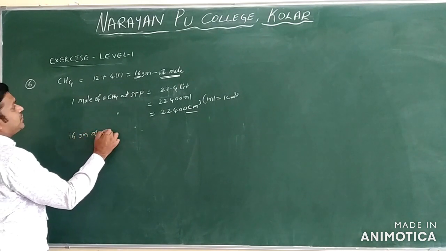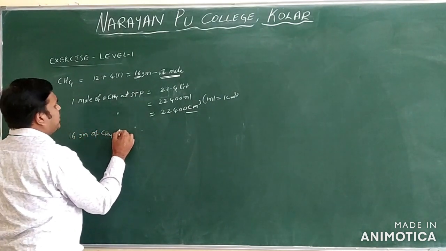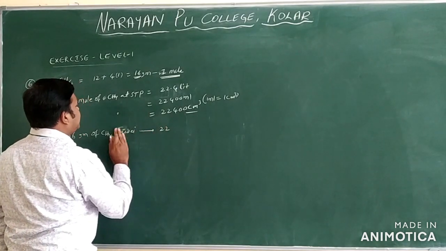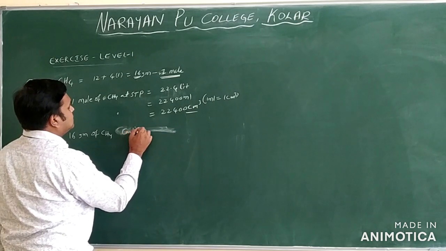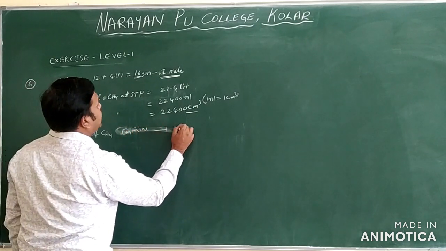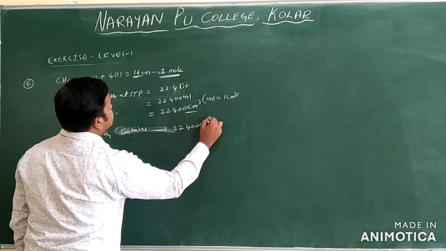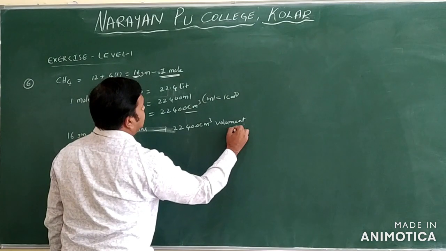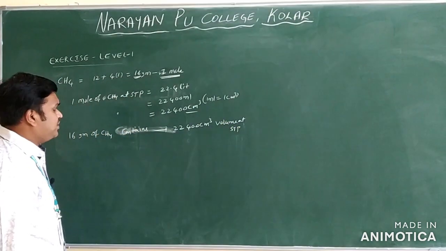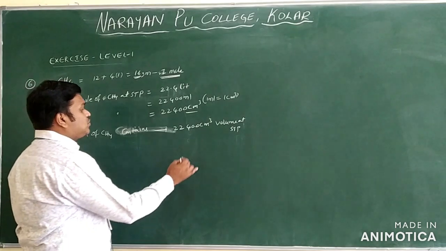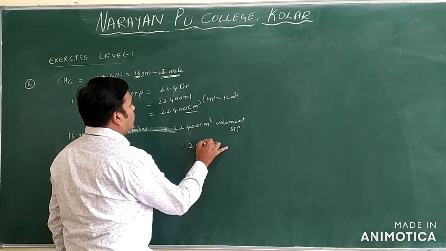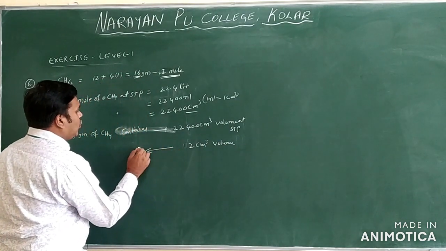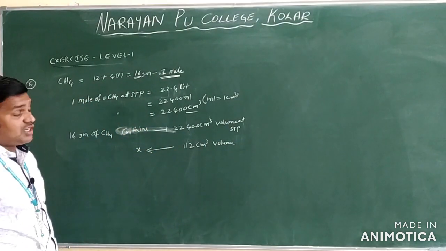So 16 grams of CH4 contains 22,400 centimeter cube volume at STP. But in the problem they gave 112 centimeter cube only. 112 centimeter cube of volume requires how many grams of methane only?